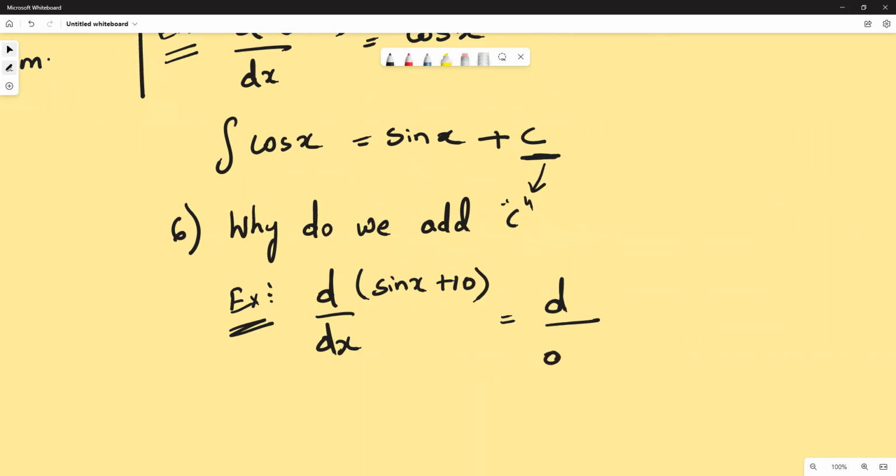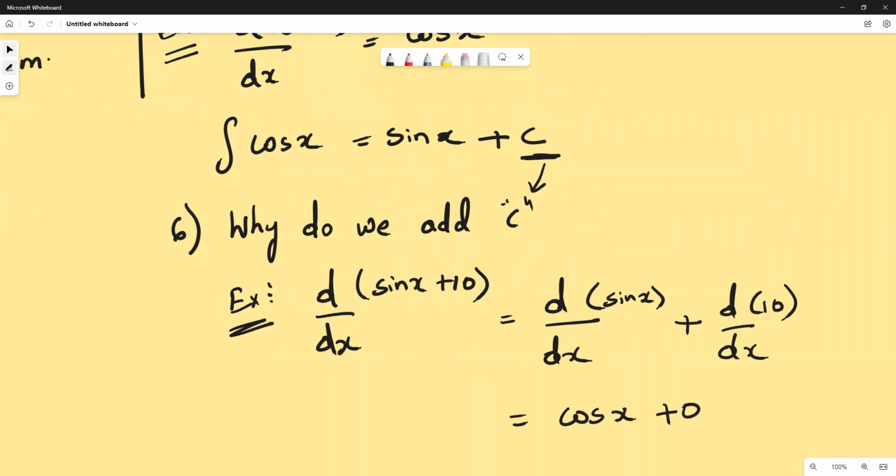You're going to segregate the functions. You just say d by dx of sin x plus d by dx of 10. Now d by dx of sin x is cos x and of 10 is 0. So our answer is cos x.